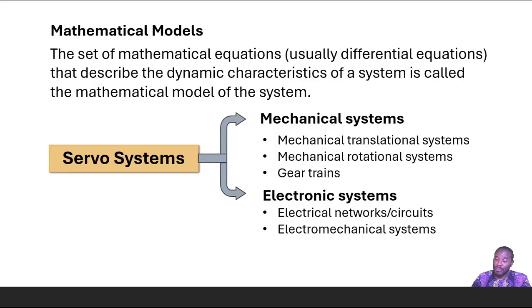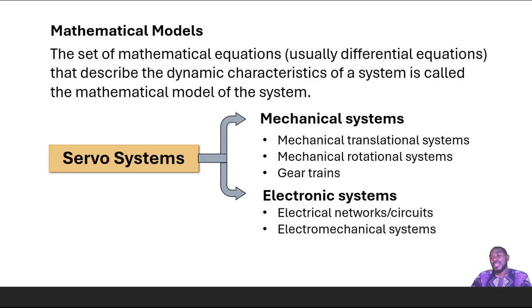And then all the properties of motion. You'll be thinking about speed, you'll be thinking about acceleration, you'll be thinking about position, all right? And so on and so forth. And then you have electronic systems. So what you're dealing with, this is the control aspect, electrical networks or circuits. You could have electromechanical systems where you have a hybrid between electrical and mechanical systems.